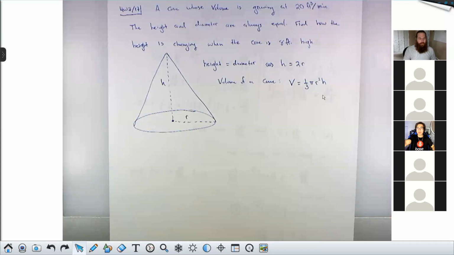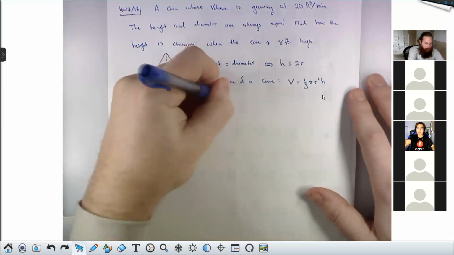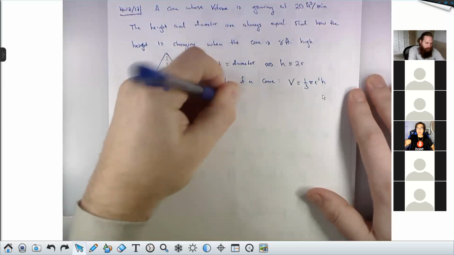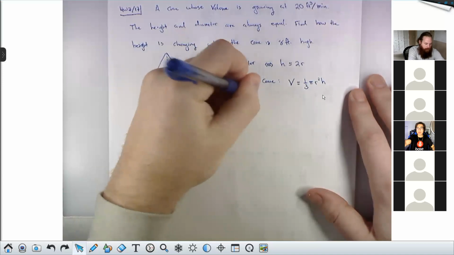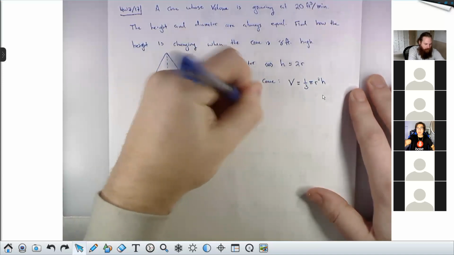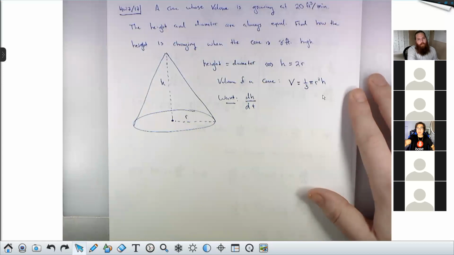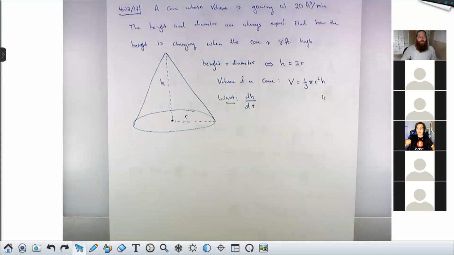What I'm after is the rate of change of the height, which is dH/dt. So this is always how I set these up, right? First, draw the picture. Then, figure out any obvious equations that come from the statement of the problem, like the height is always equal to the diameter.